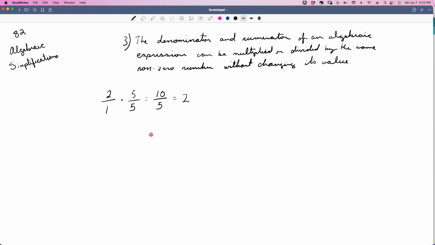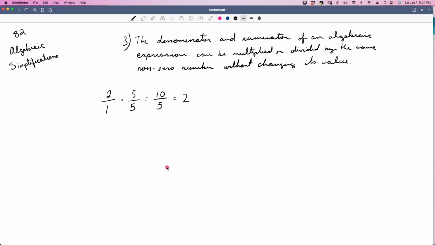It's 2. 2 is still equal to 2 regardless of what number we multiply it by, as long as we multiply it by the same number in the numerator and the denominator, the value of the fraction is going to remain the same.